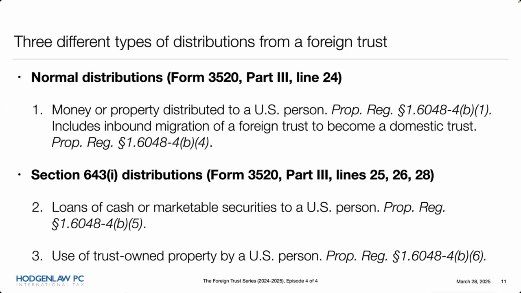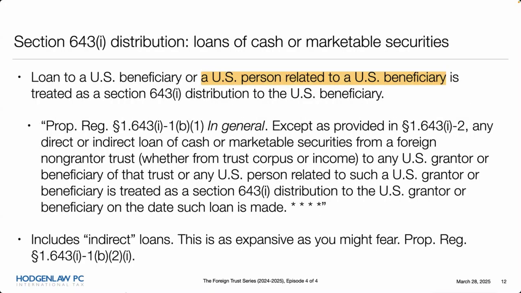The first one is loans from the trust, and the second one is uncompensated use of trust-owned property. So loans from the trust or loans of marketable securities. Basically, you loan them and that's tantamount to a guarantee, right? Anyway, loans are toxic. Use of trust-owned property is toxic.